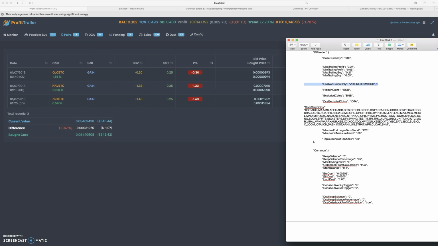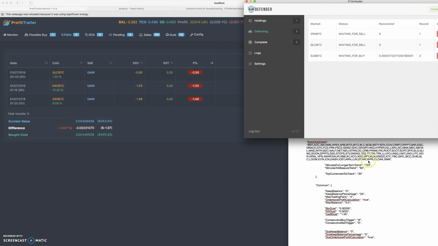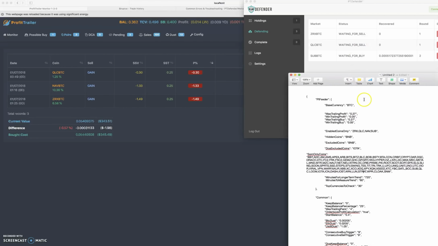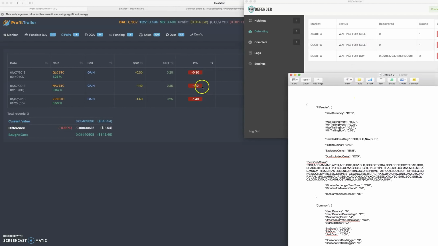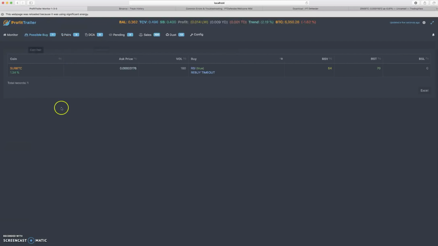This is a great strategy, in my opinion, because you can use this to basically defend and tell Profit Trailer to only buy the coins that you're defending. And that's really powerful to me, because if I don't want to eat up a ton of balance getting out of these bags, I can tell Profit Trailer, hey, listen, don't accidentally buy 15 other coins and fill up my max pairs.